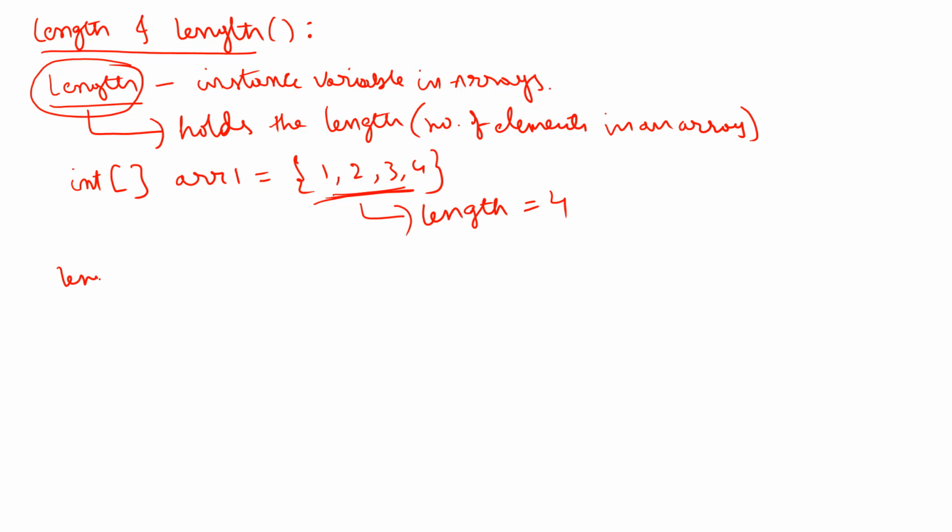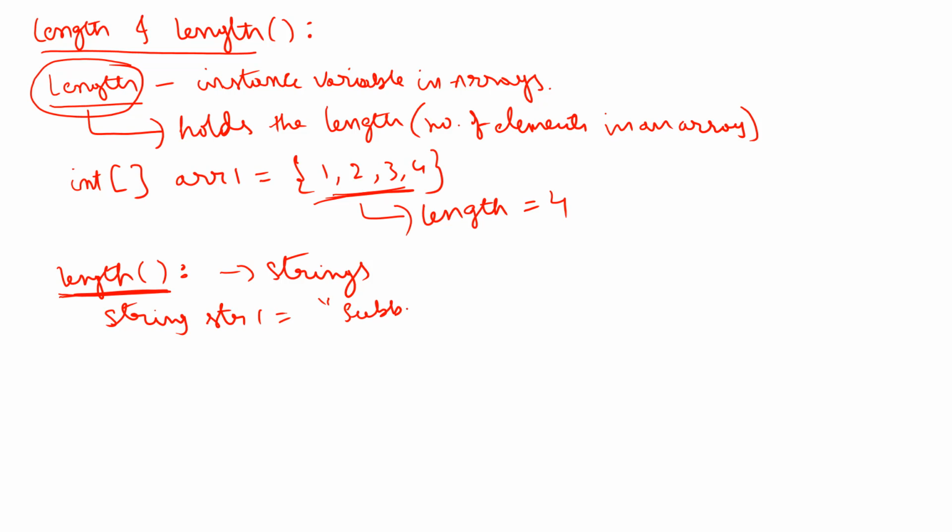But if you take this length method, this comes in strings. So using this length method, we can get the number of characters including spaces in strings. For example, let's say I have a string here, string str1 equals to, let's say, Subbu Java.